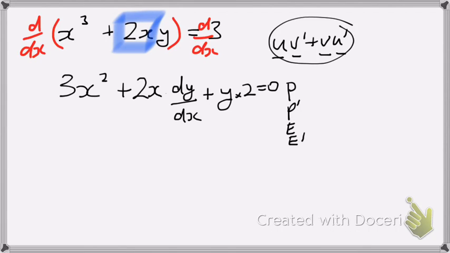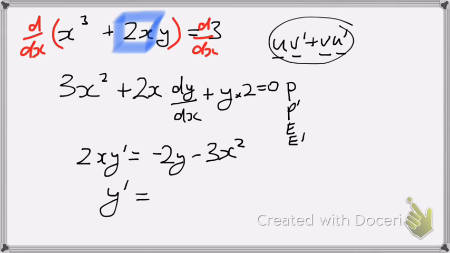And now I just solve this for dy/dx. So 2x y dash equals minus 2y minus 3x squared. Divide both sides by 2x. So I get minus y over x minus 3x over 2.